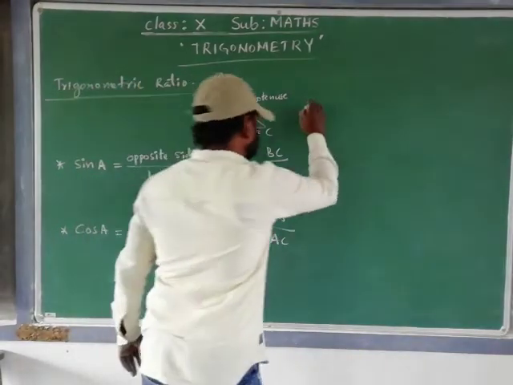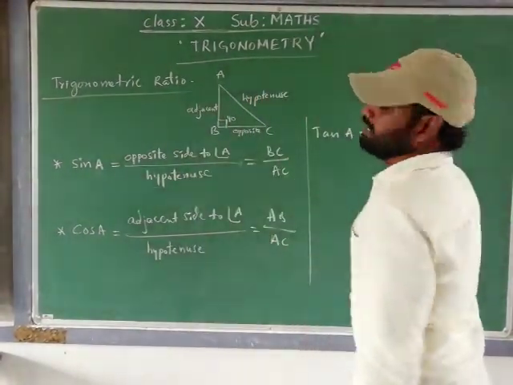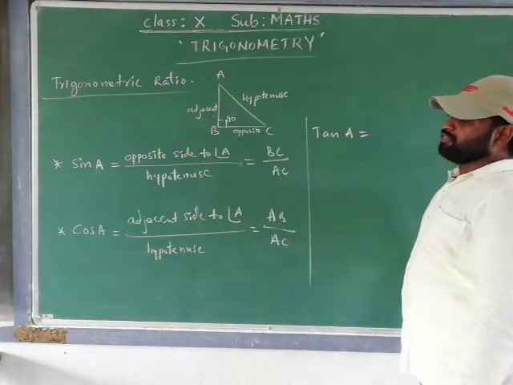Next, tan A. Tan means the ratio of sine and cos.